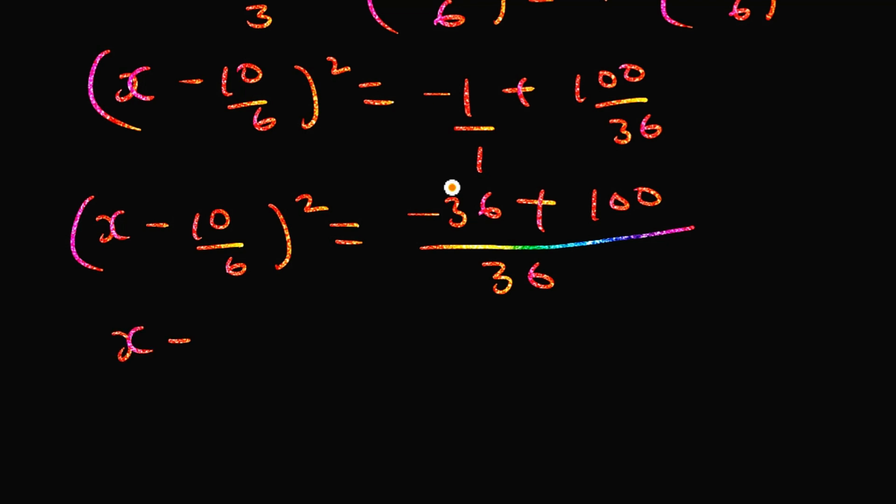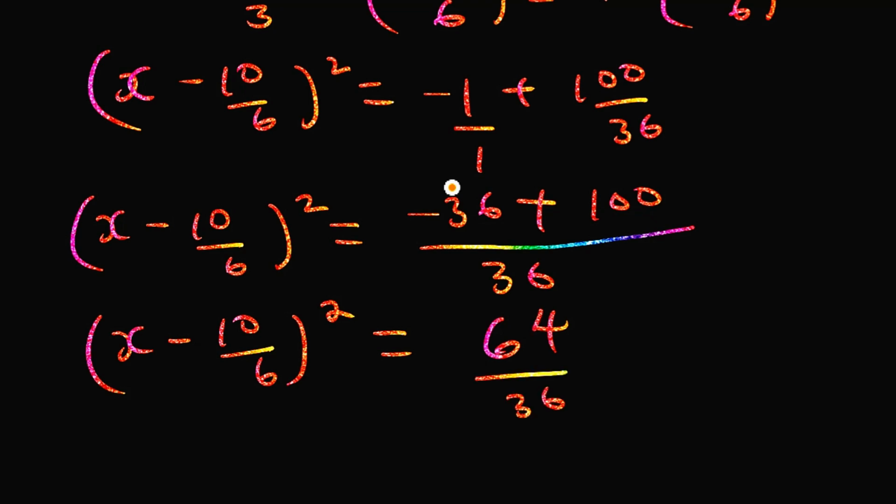So we have x minus 10 over 6 raised to power 2 equals negative 36 plus 100, that is 64. So 64 over 36.